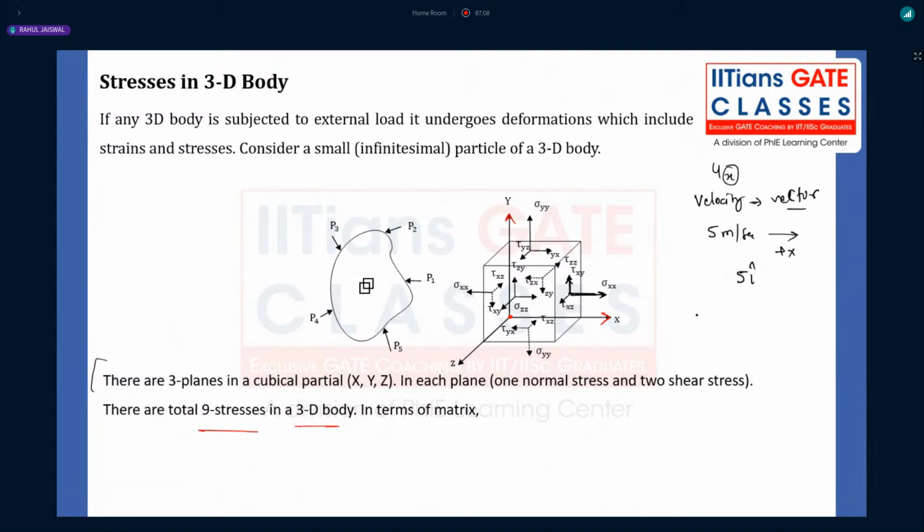But in case of stresses, my dear friend, that is nothing but a tensor quantity. What is the meaning of tensor? Anybody know that? More than one suffix will be required, right? Now, what is the exact meaning of the tensor? Tell me, guys.